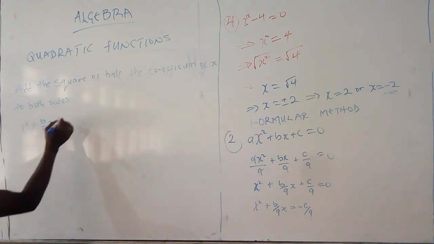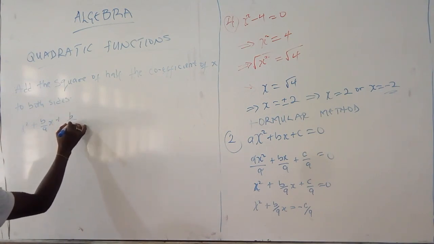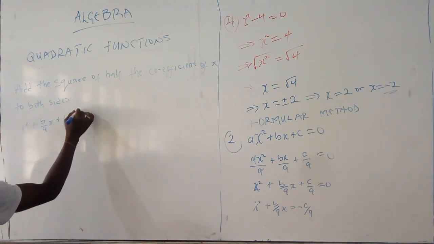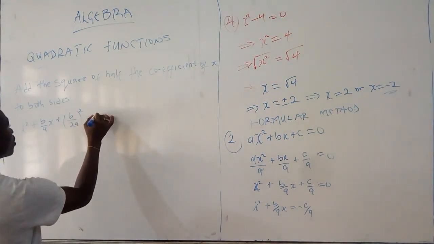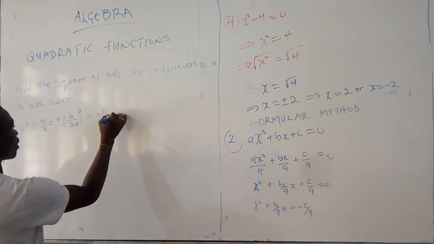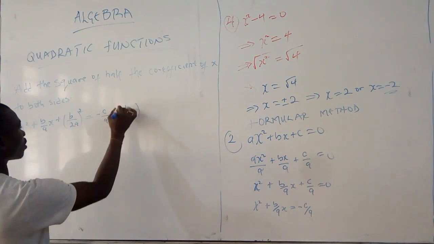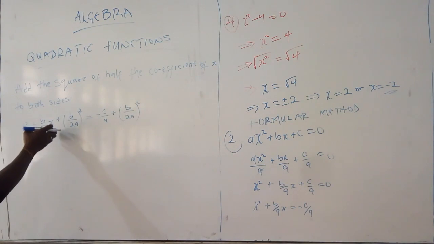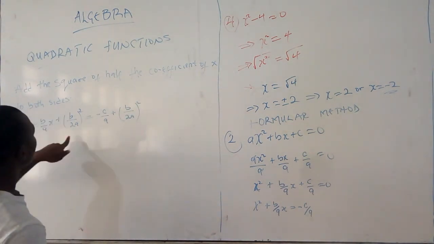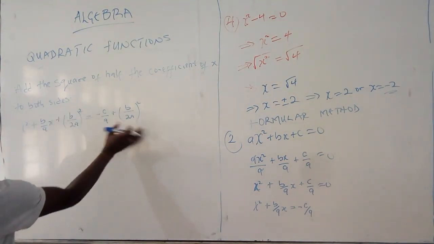You say add the square of half the coefficient. So the coefficient will be b over 2a all squared, is equal to minus c over a plus this same thing, b over 2a all squared. Now b over a is the coefficient of x. The half is b over 2a, then the square. So you add it to both sides.